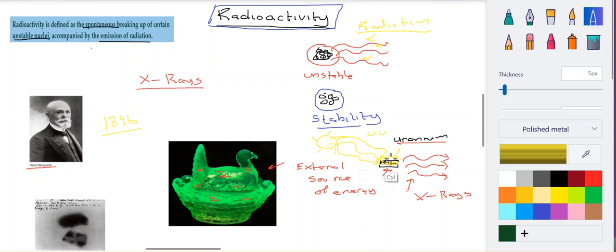He exposed them to the light. And then he put them on, so imagine this here is photographic paper. Photographic paper.